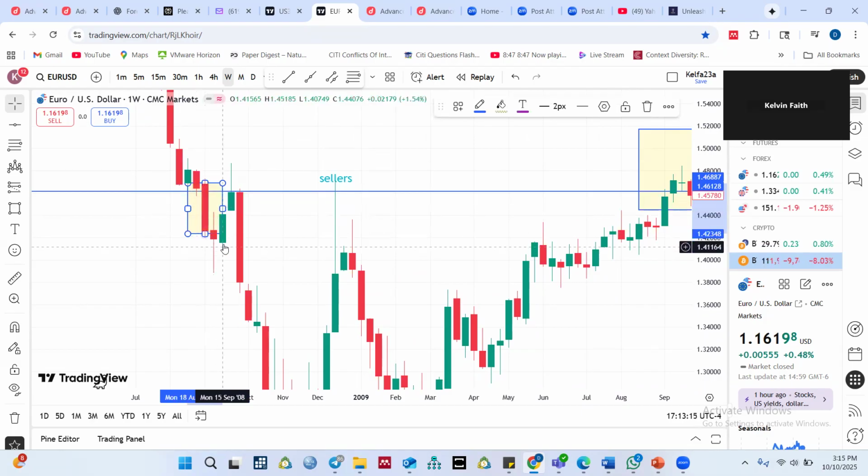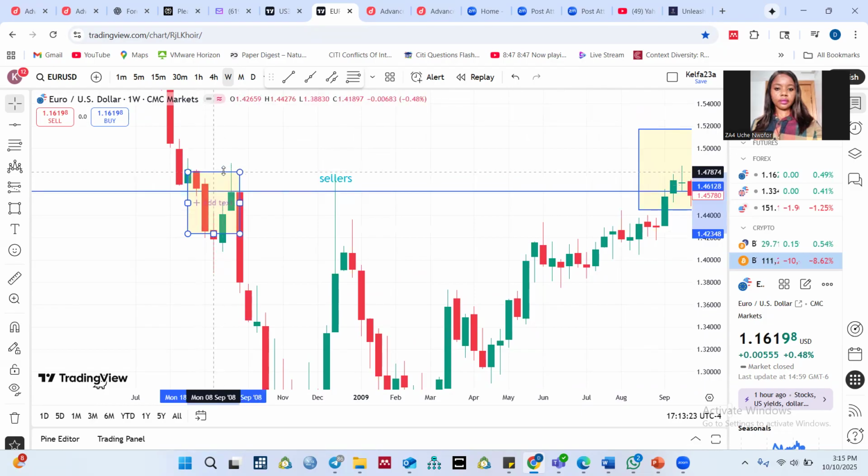Now it came down. We had a push to the upside. Then this green candle hit the blue line and went up to this place, but it rejected and came to close below the blue line.